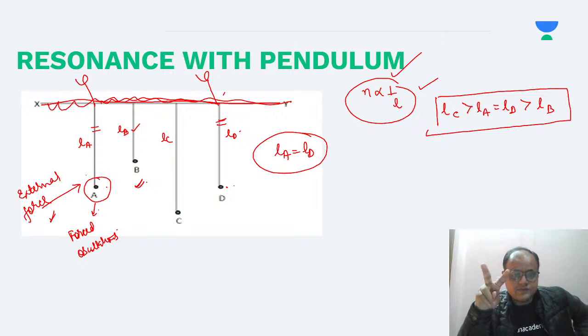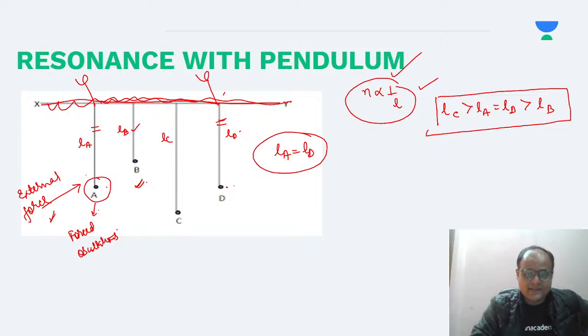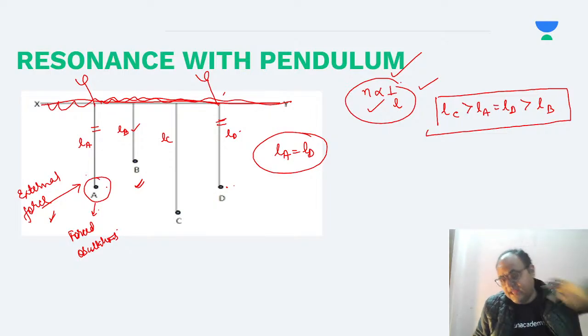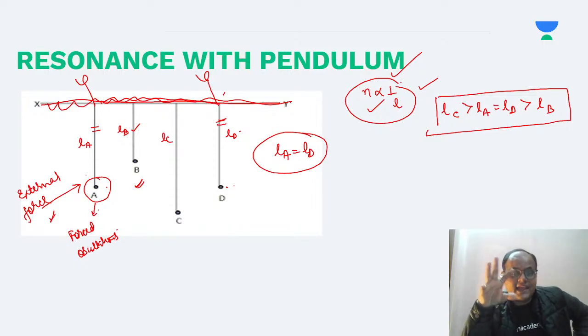Whichever two pendulums have the same length, they will resonate. Why? Because the natural frequency of a string is inversely proportional to length, keeping all the other parameters constant. So if the length is the same, then only can I say that N1 is equal to N2, right? This is the catch in these types of questions.